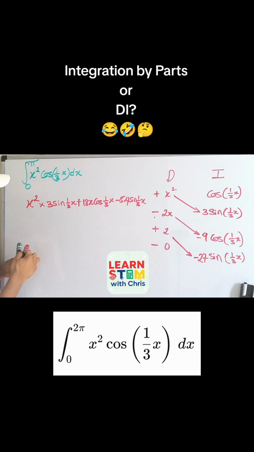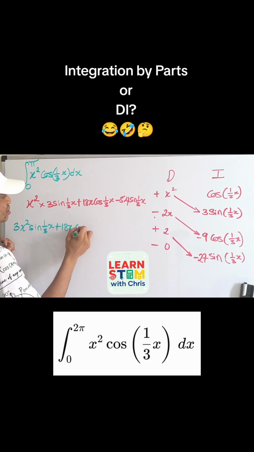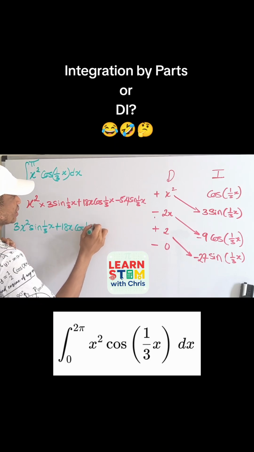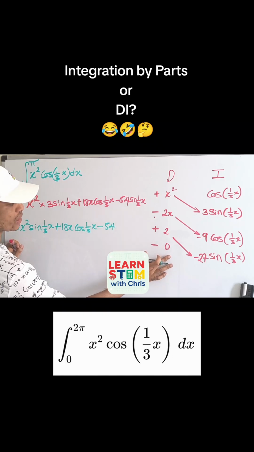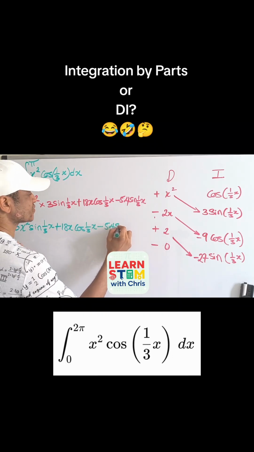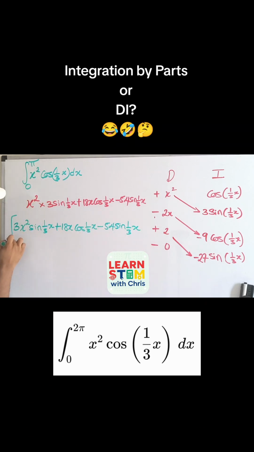If I simplify this, this will give me 3x squared sine 1 by 3x plus 18x cos 1 by 3x minus 54 sine 1 by 3x.